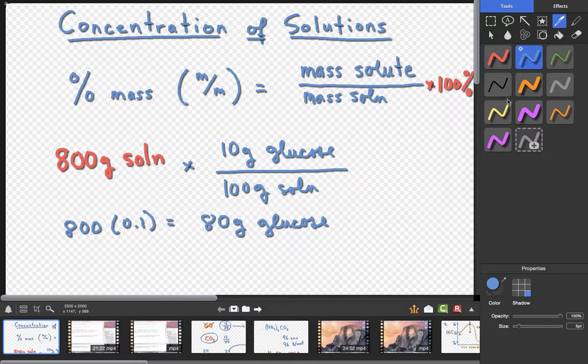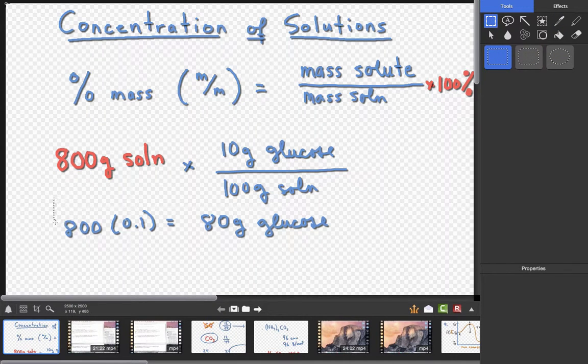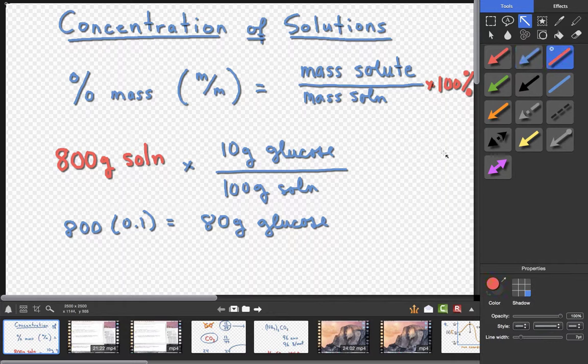Nice, simple, one-step solution. Eighty grams of glucose.